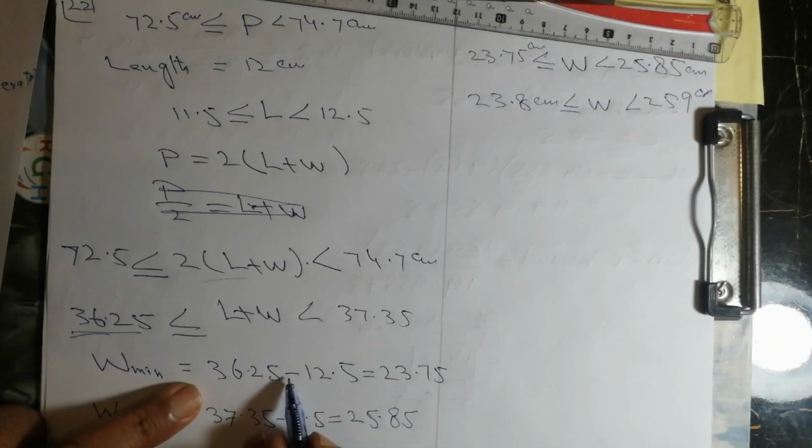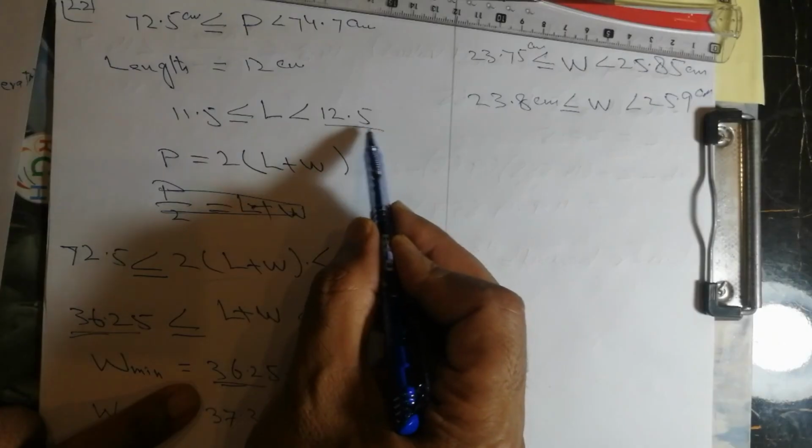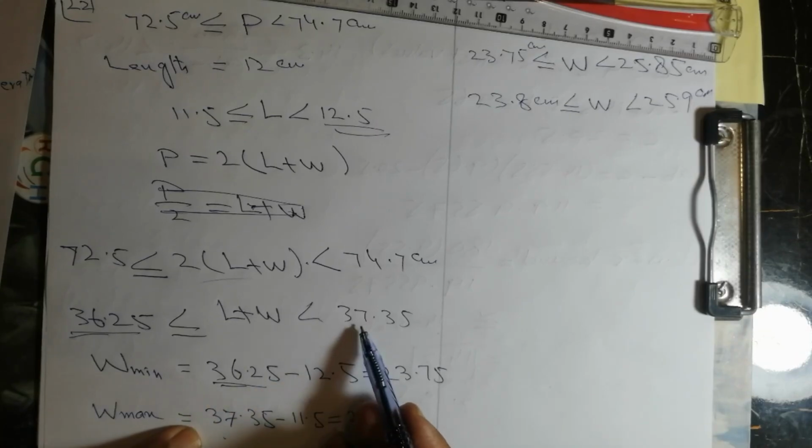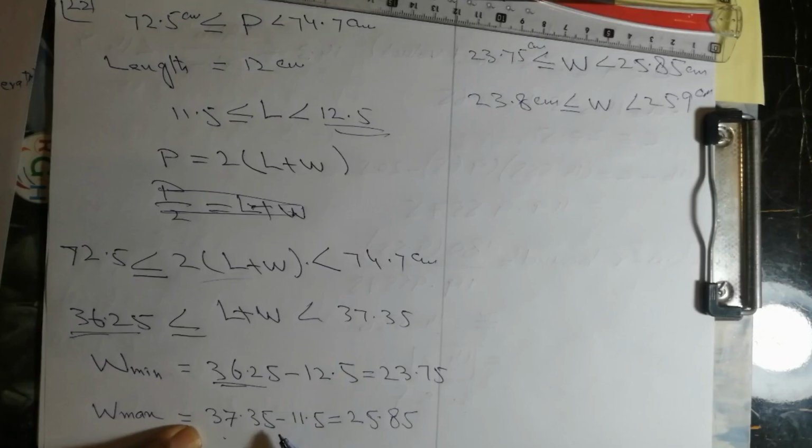But because of the minus, we have to take the value of L at the upper bound. Similarly for the maximum width, we took the maximum value here, and because of the minus we put the lower bound here, so we subtract, and the answer will be this one.